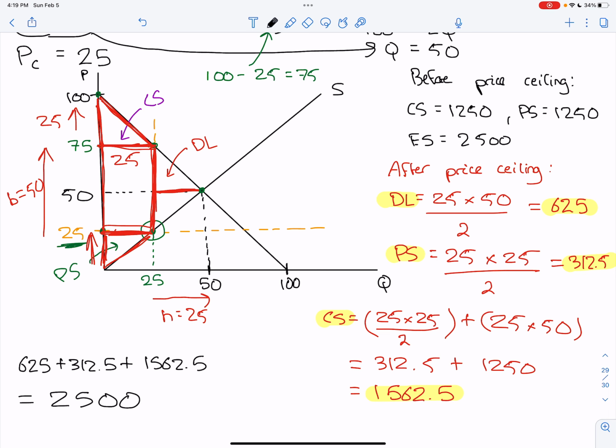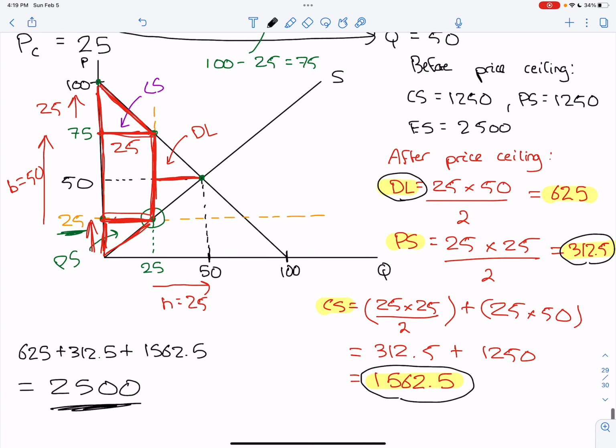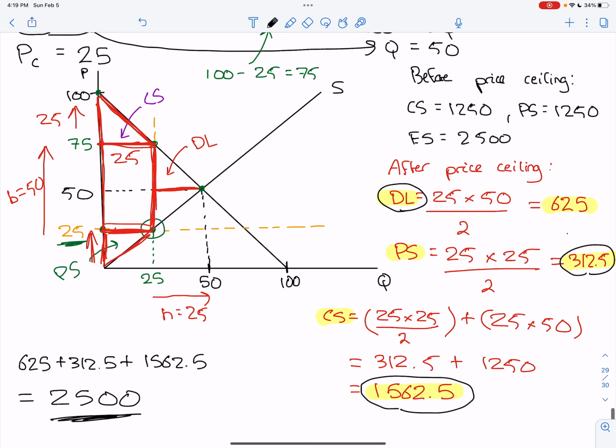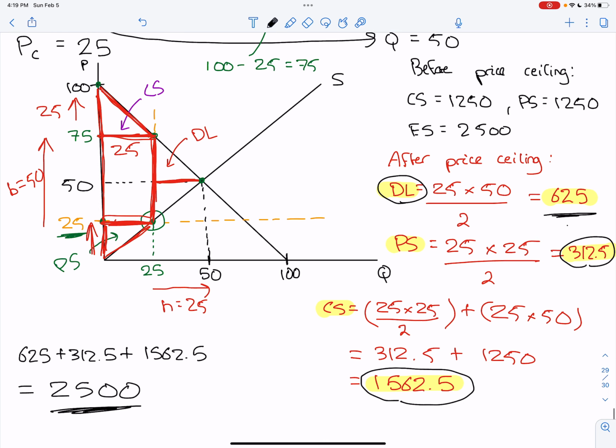And now, how else can we have done the calculation for deadweight loss? Well, we could have taken this 2,500, which is our previous economic surplus, and just subtracted 312.5 and 1,562.5, right? So let's do that, and let's see if that gives us 625, right?